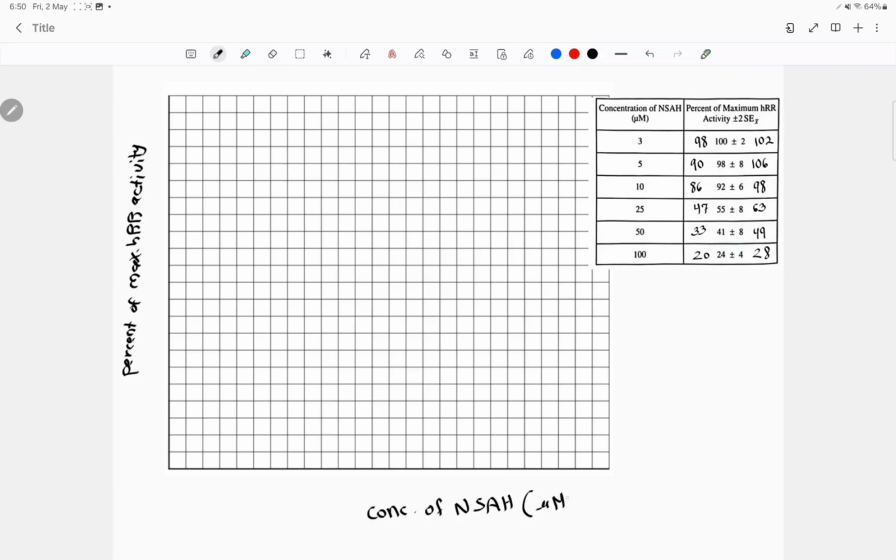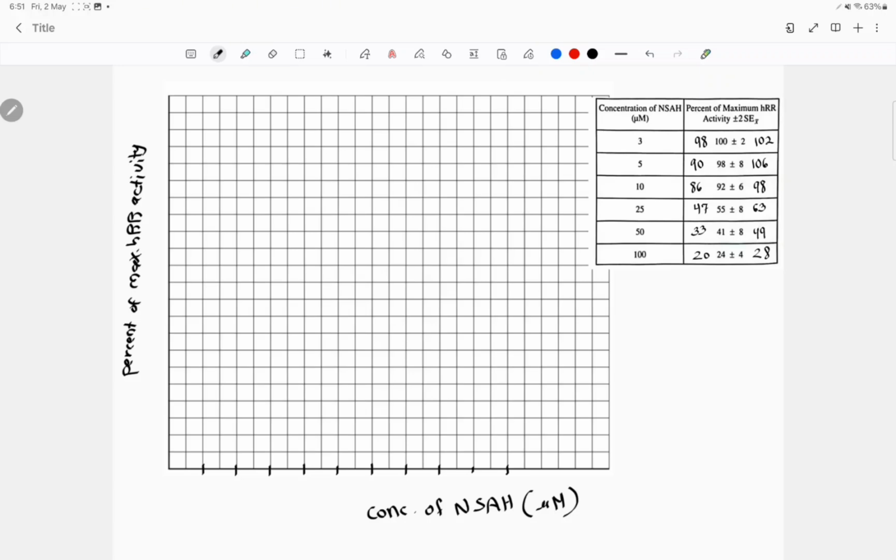Write the unit, micromolar. Now, the concentration ranges from 3 to 100. So if I do this as 10, 20, 30, 40, 50, 60, 70, 80, 90, 100, I have now successfully covered two thirds of the x-axis, which is perfect.